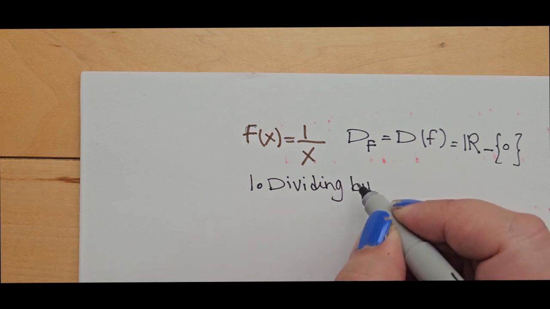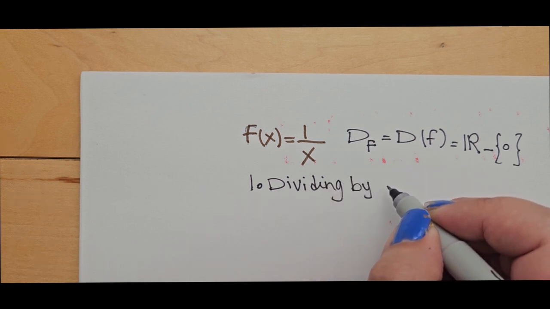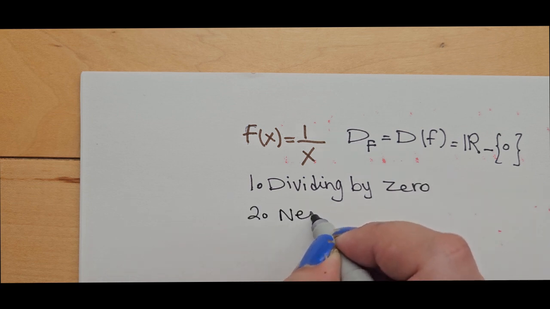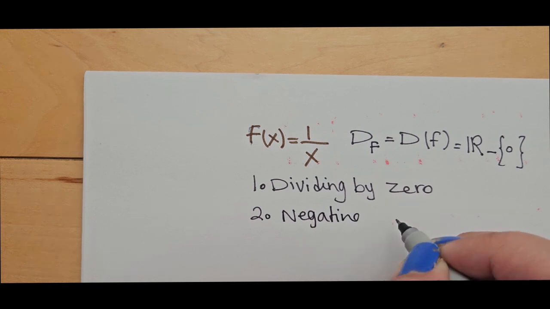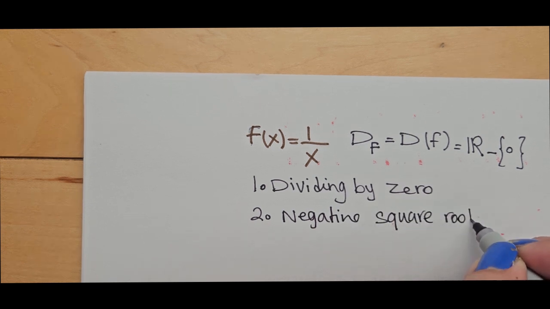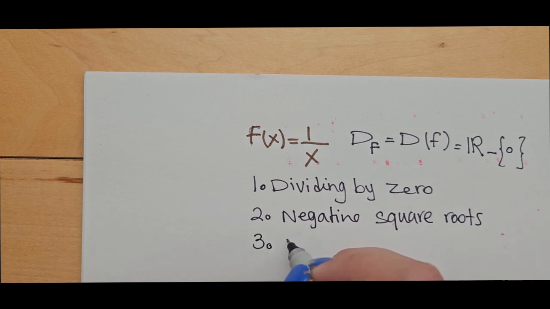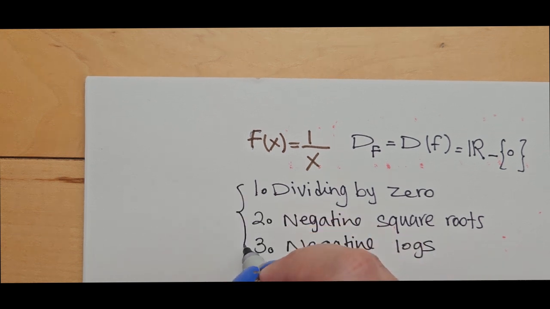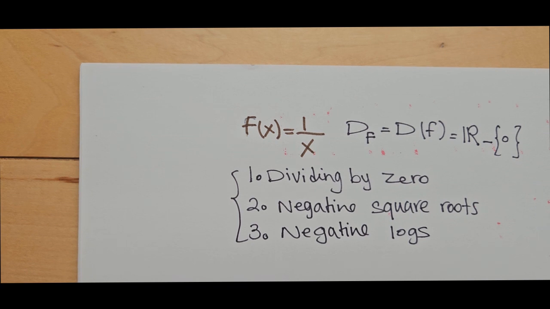Remember, your denominator can never be 0. The second one is negative square root, and the third one is negative log. These can never happen. These are your limitations. So whenever you want to define the domain of a function, you have to take care of these three issues.